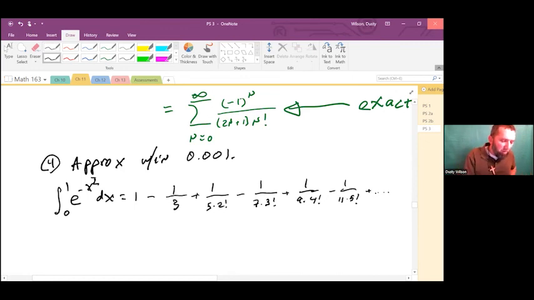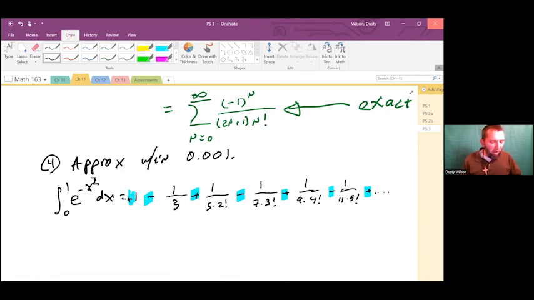This is an example of an alternating sum: plus, minus, plus, minus, right? And with alternating sums where the terms are decreasing in size, we know from stuff that we didn't cover in this class that the error is always smaller than the magnitude of the next term out.